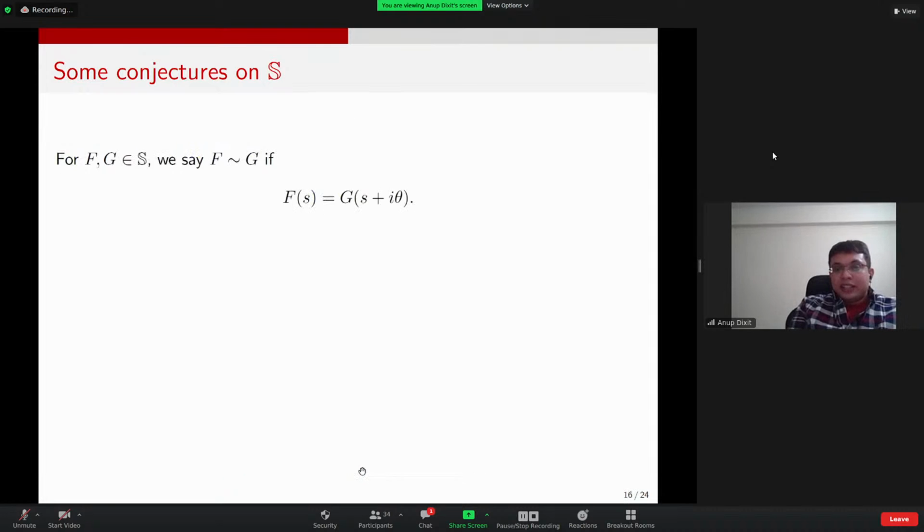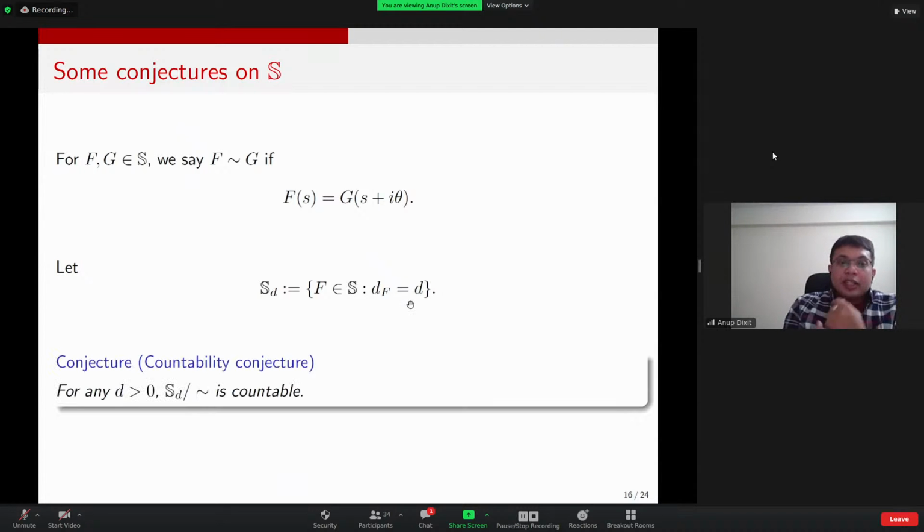So there is another conjecture. In order to introduce that, let me introduce this relation. We say F is related to G, F and G being elements in the Selberg class, if F is just a vertical shift of G. And let's call S_d all the elements in the Selberg class with degree equal to d. Then there is a conjecture which is called the countability conjecture.